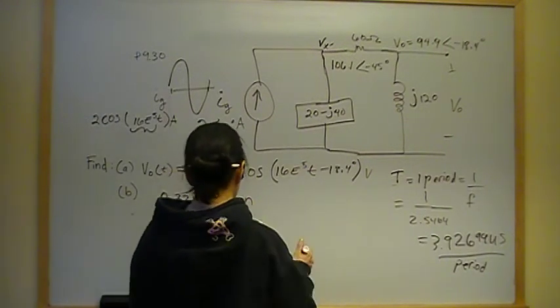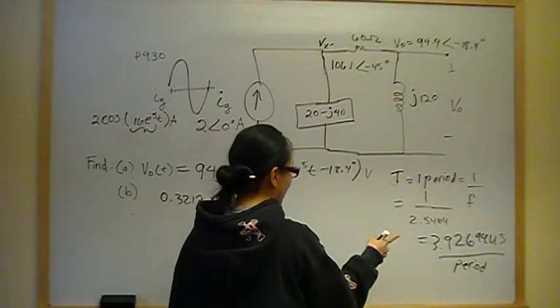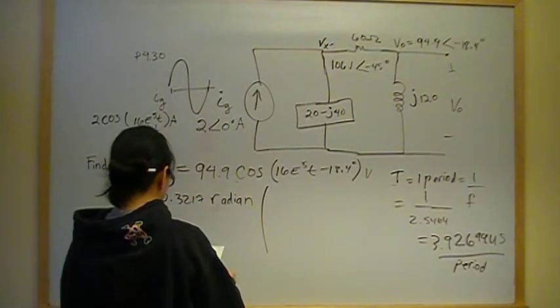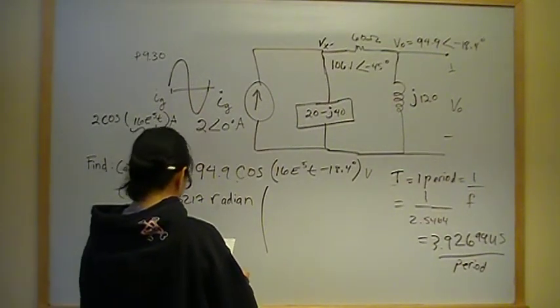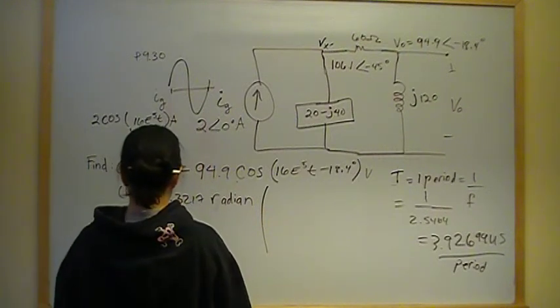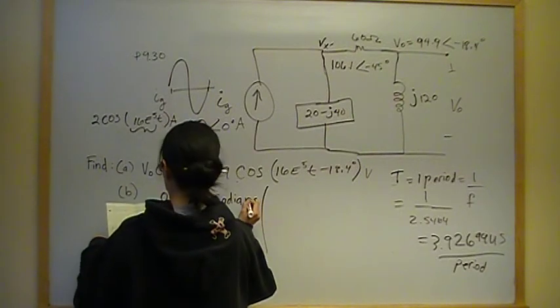Well, I have that much time per period. So I have one period, 360 per one period. Actually, you know what?